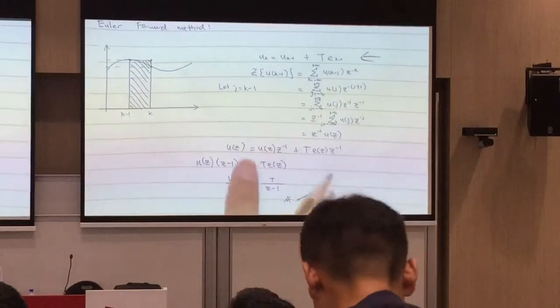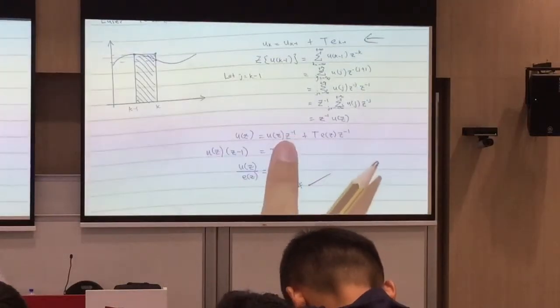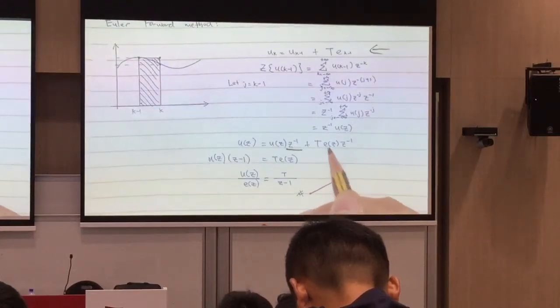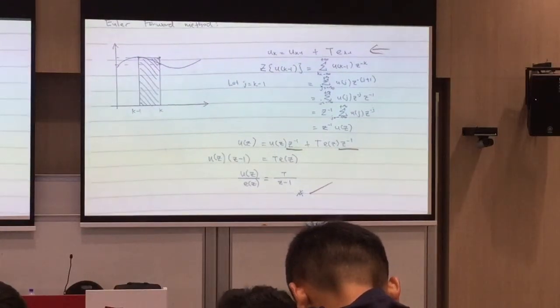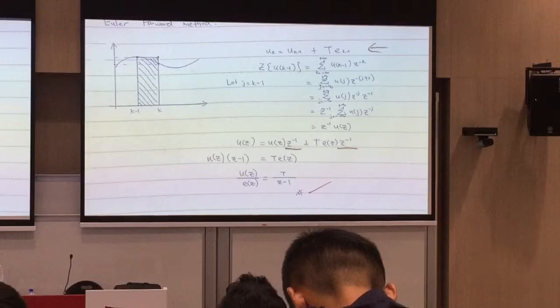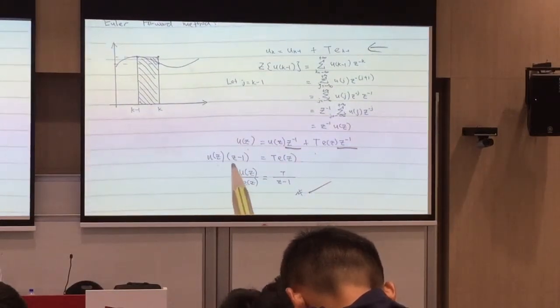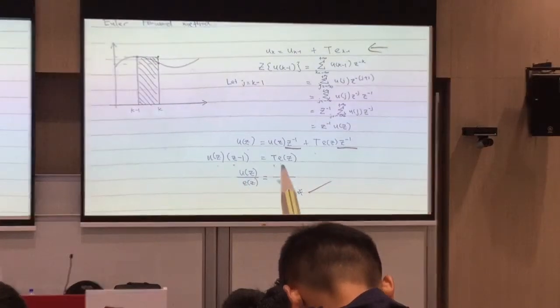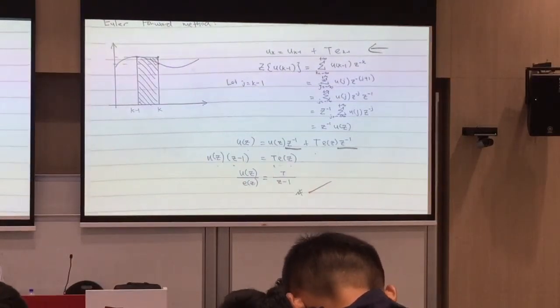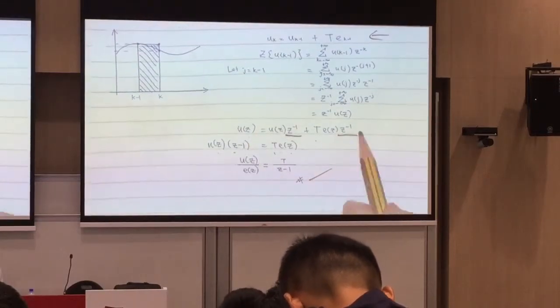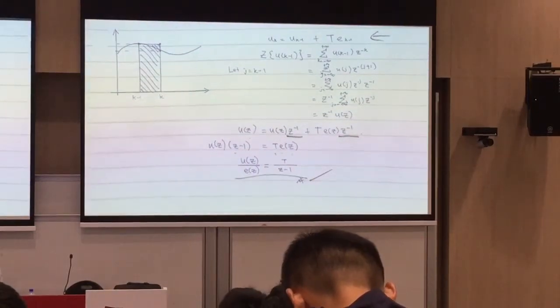So what you get? You get UZ, and you get UZ multiplied with Z power minus 1, and T times EZ multiplied with Z power minus 1. So you put UZ and EZ on one side, you get UZ multiplied with Z minus 1 is equal to T times EZ. Right? Means both left and the right you multiply with Z. So you get this.